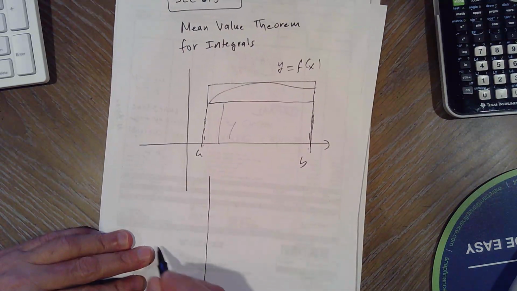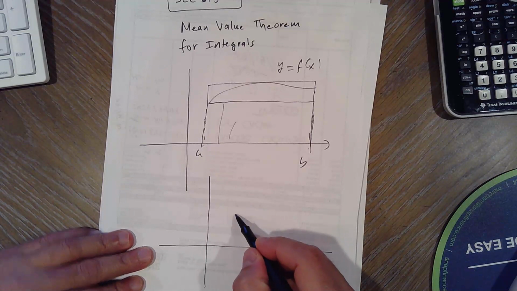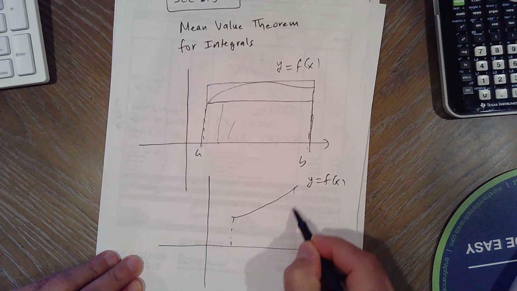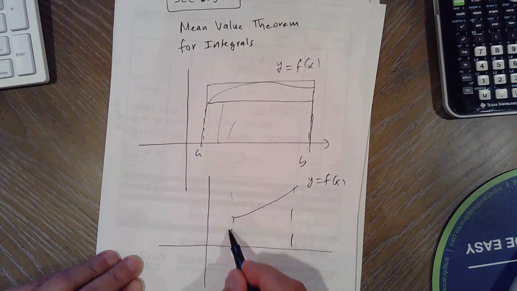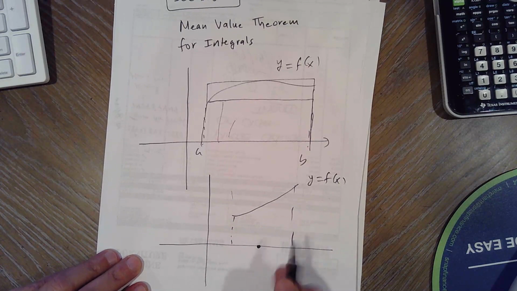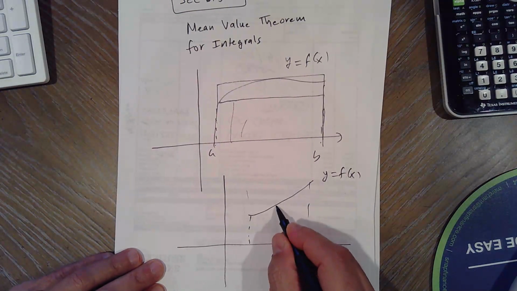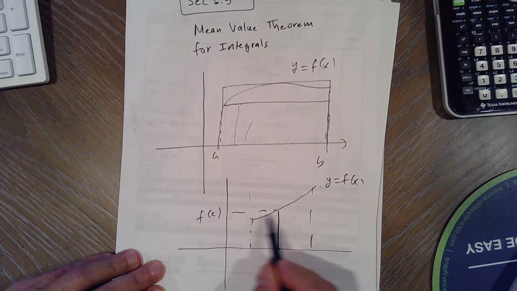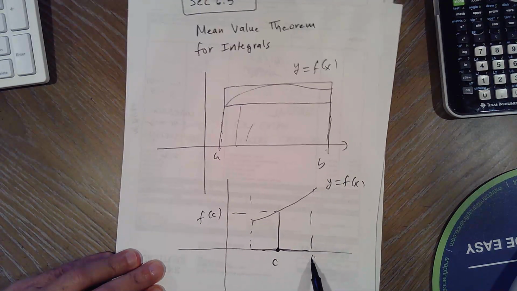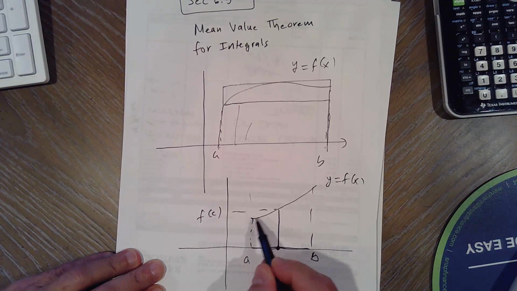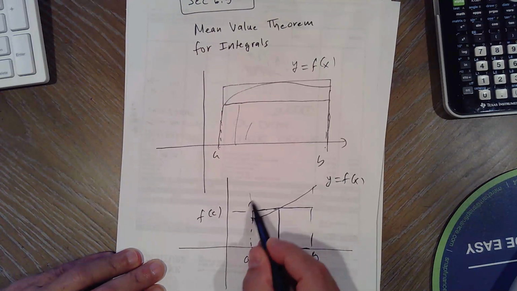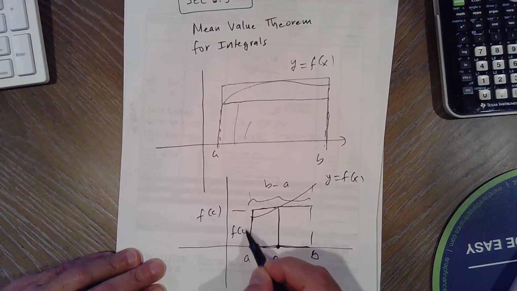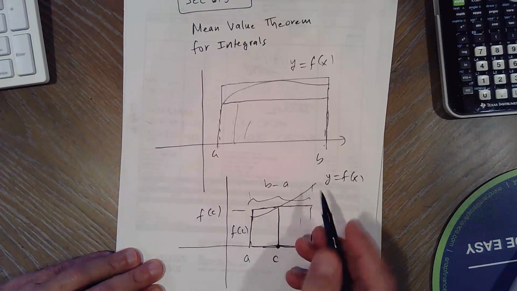The mean value theorem says this: if you're trying to find the area under the curve, somewhere between the underestimate and the overestimate, there's a value c, where if you take the height at c, or f of c, and multiply it by b minus a, this is b, this is a, that rectangle, b minus a times f of c, has an area equal to the area under the curve.